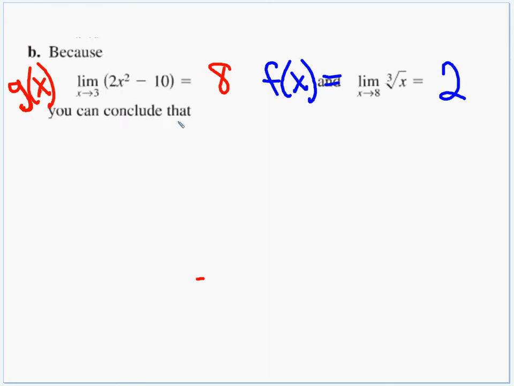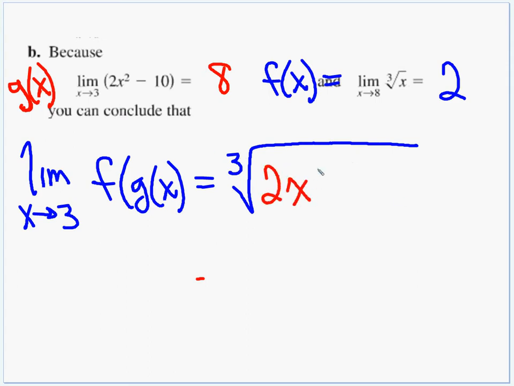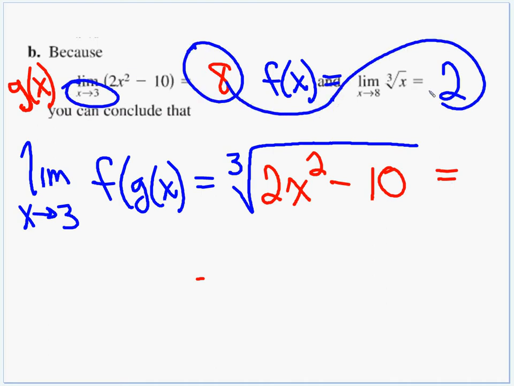So now we could conclude that the limit as x approaches 3 of our composite function f of g of x. So our outer function f, that is the third rooting function, the third root of x, but we take out the x and replace that with the other function, 2x squared minus 10. So where we did it before in 2 steps, the 3 went in, the 8 came out, that 8 went in, and the 2 came out.